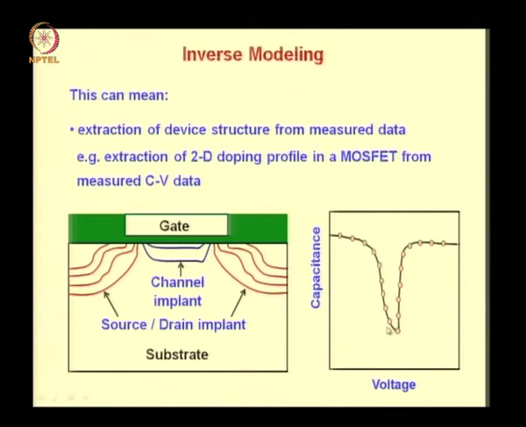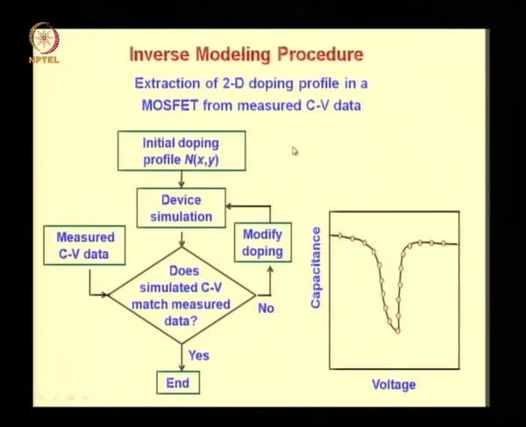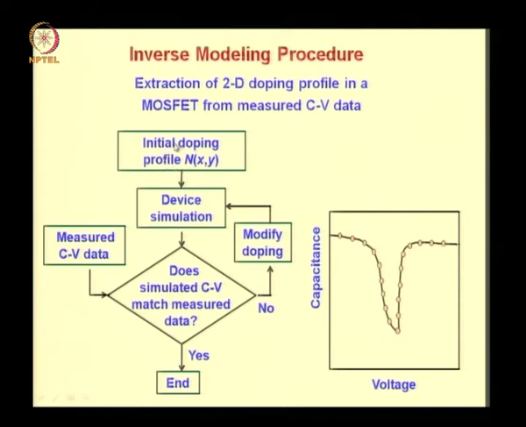Now from this data you want to extract this information about the two-dimensional doping profile. So broadly the flow chart of this activity would be as follows. You assume some initial doping profile and do a device simulation using that doping profile. The doping profile you assume initially should be reasonable based on your experience of various MOSFETs.